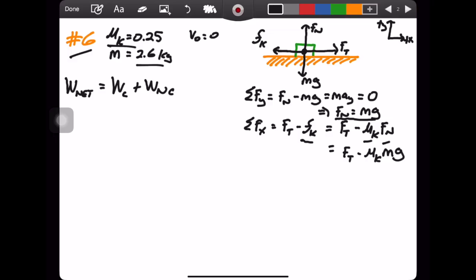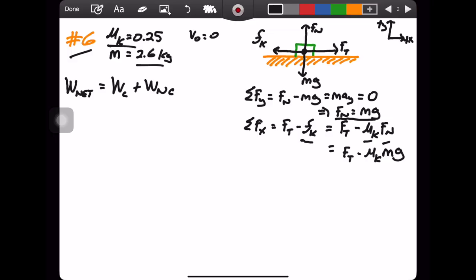In this problem, gravity is a conservative force, which is to say that if gravity was doing negative work on this block, gravitational potential energy would be storing up, which is to say that eventually that gravitational potential energy can be translated back into kinetic energy of the block. We can get it back. That's what it means to be a conservative force.